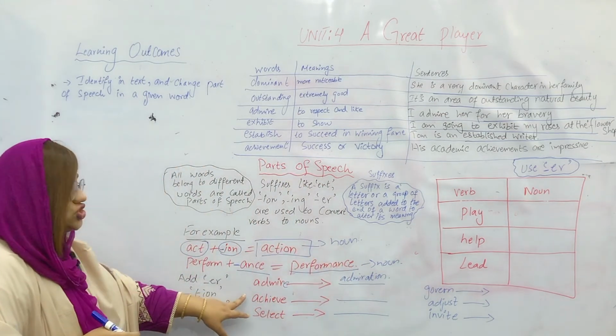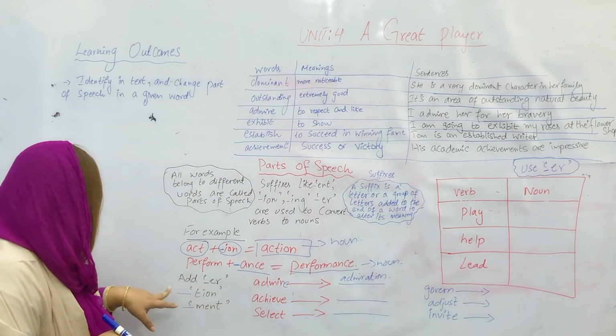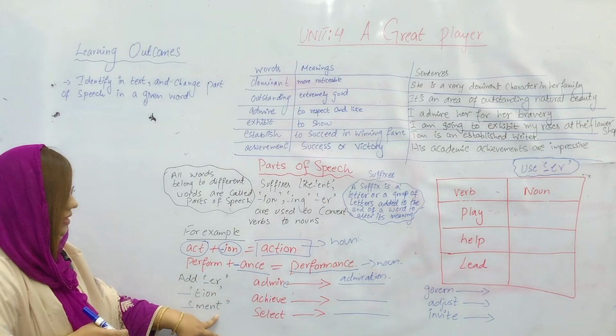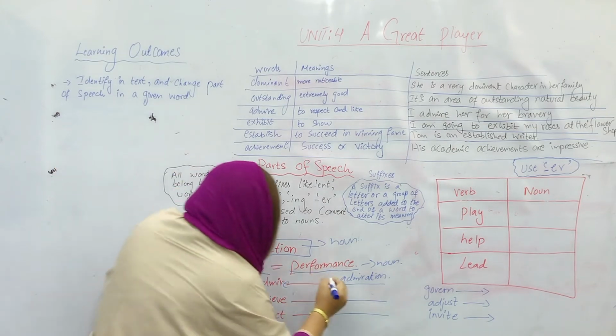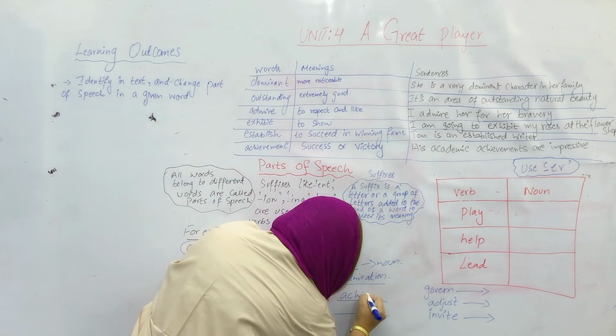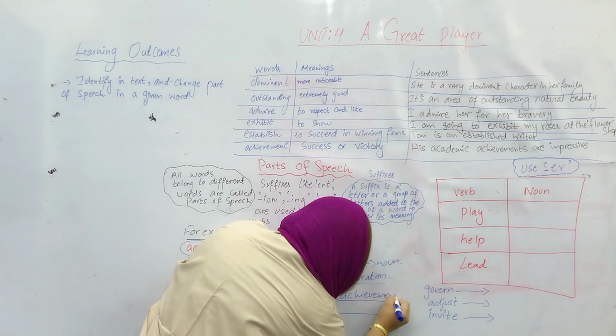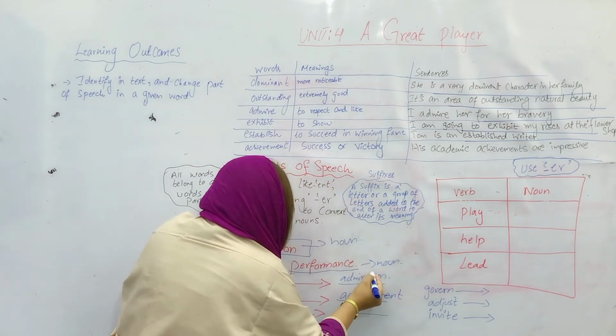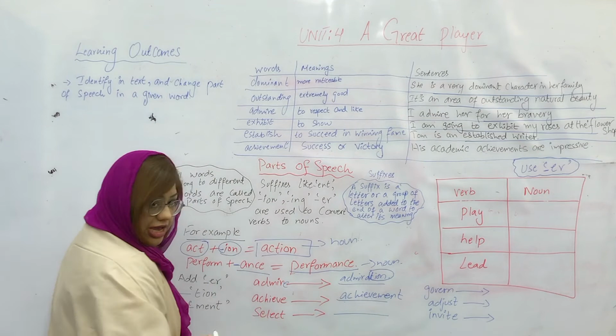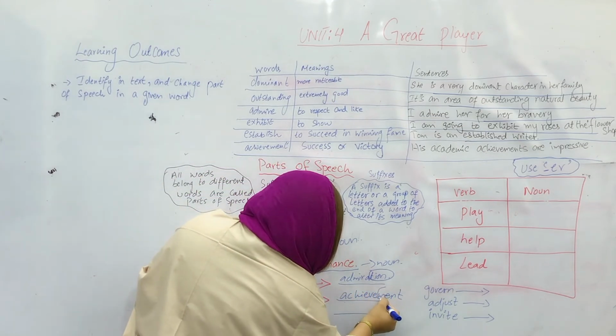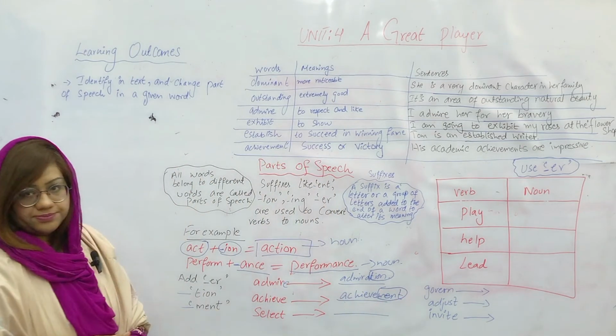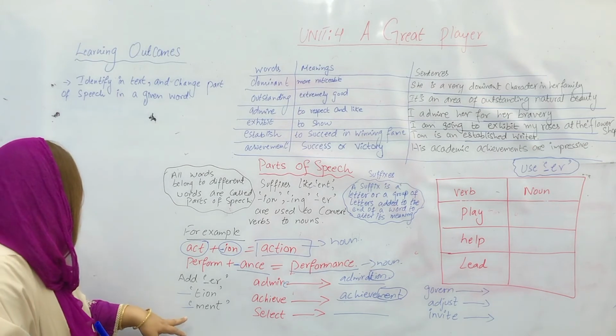See this? Achieve, use of ment, achievement. Here we are using tion, here we are using ment. Okay?